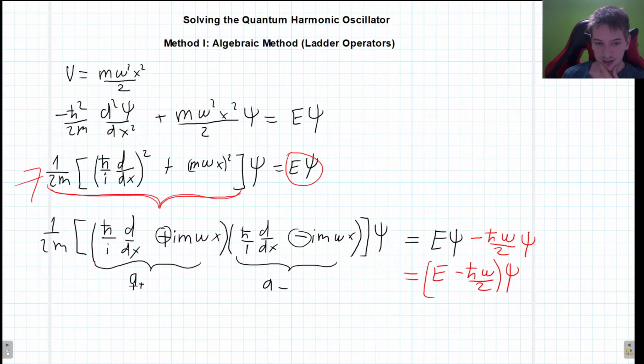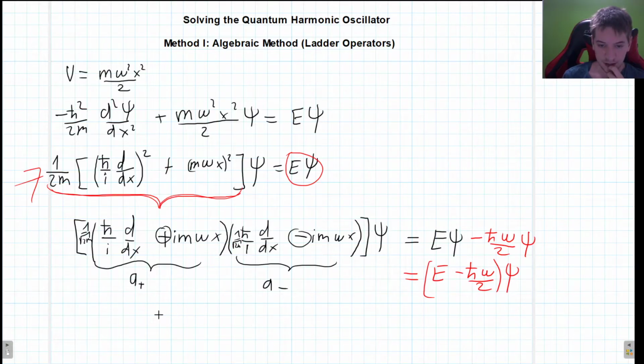And just to make sure, each one of these will also have 1 divided by square root of 2m. That has to go into each one of those, so that we take into account the 1 divided by 2m that is multiplying them.